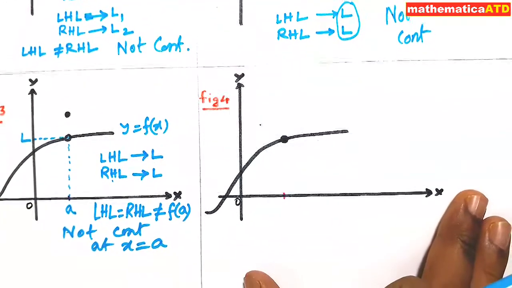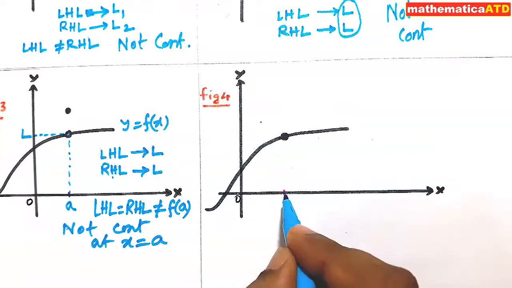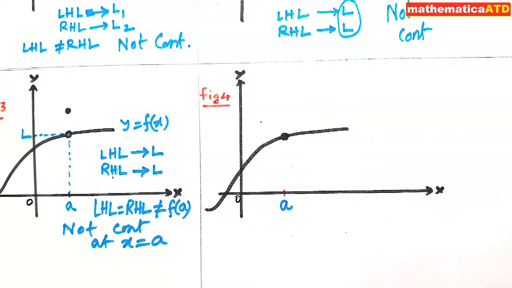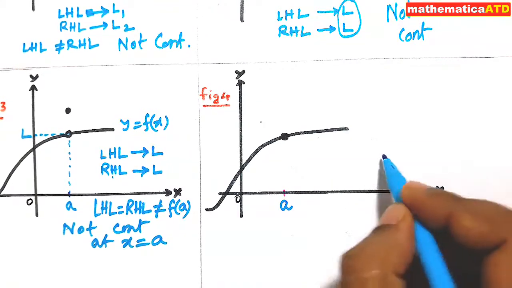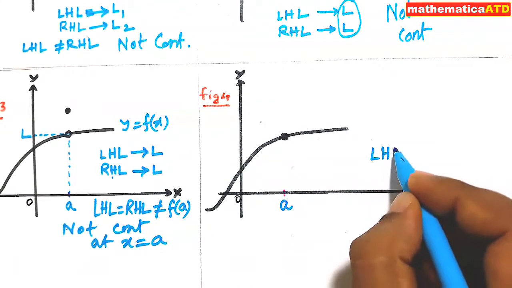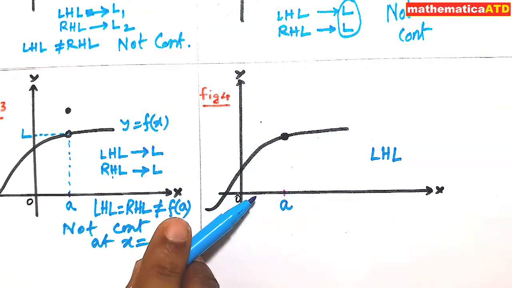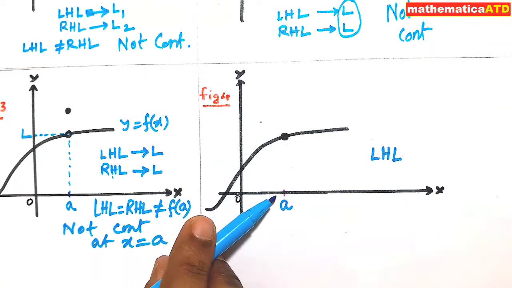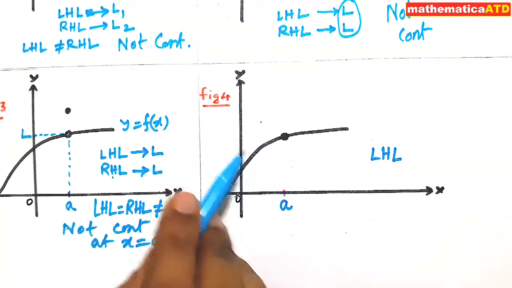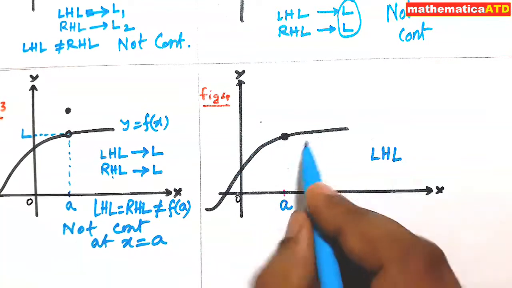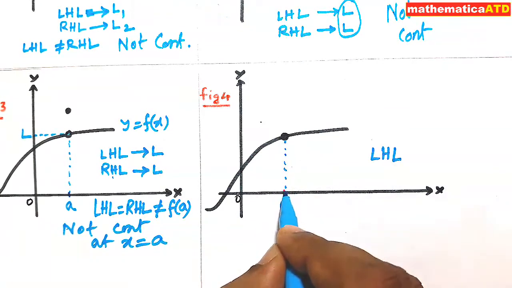This is figure number 4. We consider that this point is x is equal to a. For the LHL, when x is tending to a negative, then the function f(x) is also tending to this height.